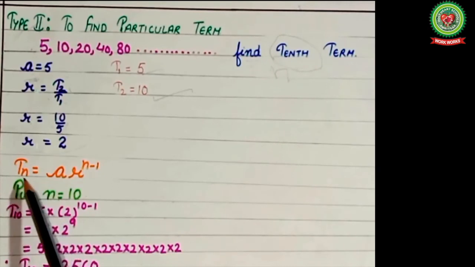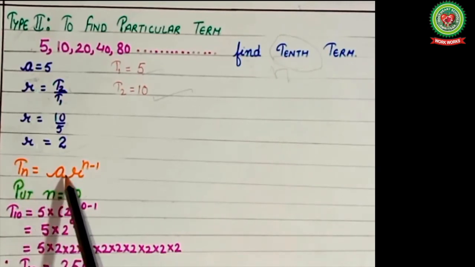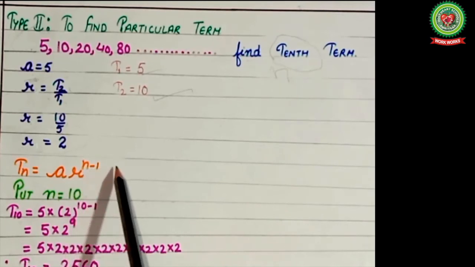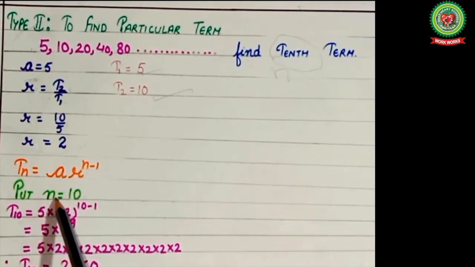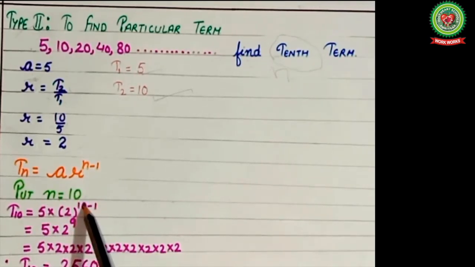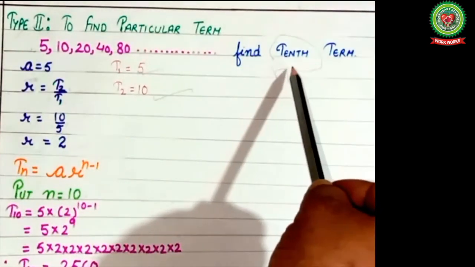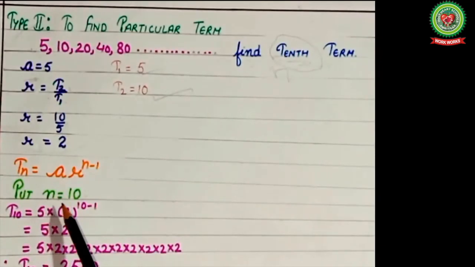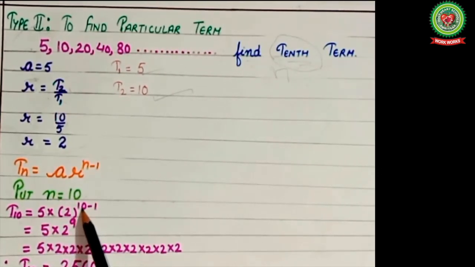Tn is equal to A R raised to power n minus 1. Now put n is equal to 10. Why 10? Because I have to find the 10th term. So that's why n is equal to 10. T10 is equal to 5 into 2 raised to power 10 minus 1.